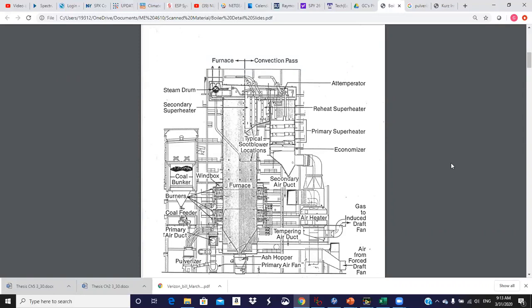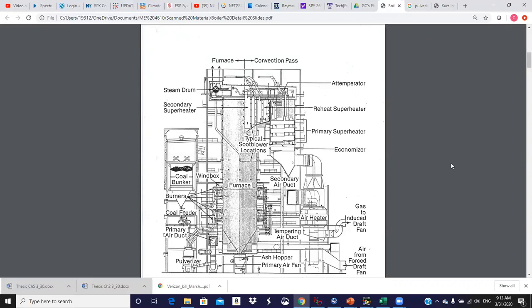Let's see: furnace, soot blowers, temperator, reheater, economizer, primary superheater, secondary air duct, air heater, tempering air duct, just another air duct in the boiler. We see the air heater itself, which is typically a rotary device.